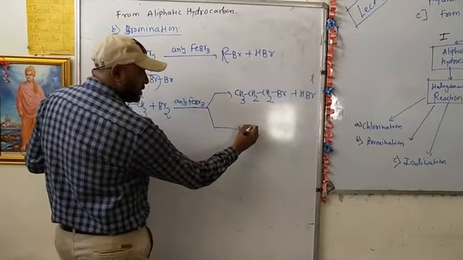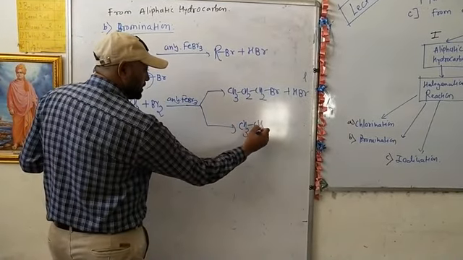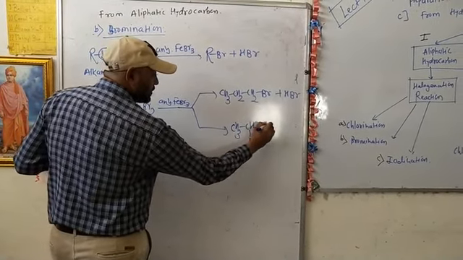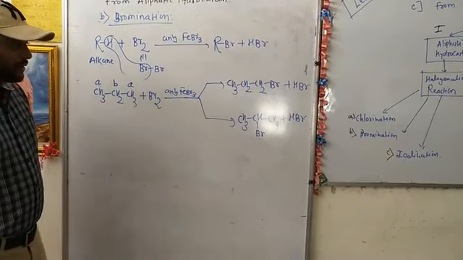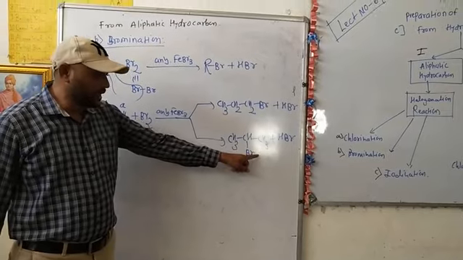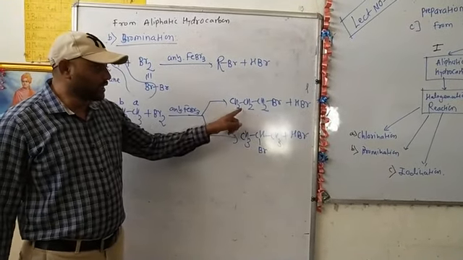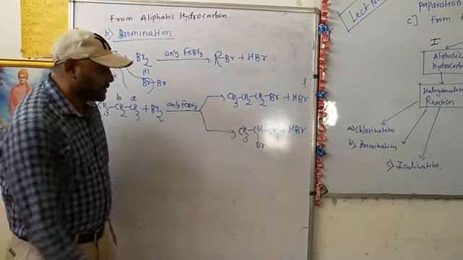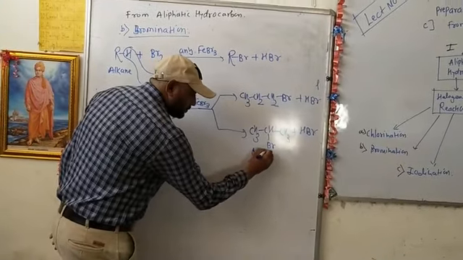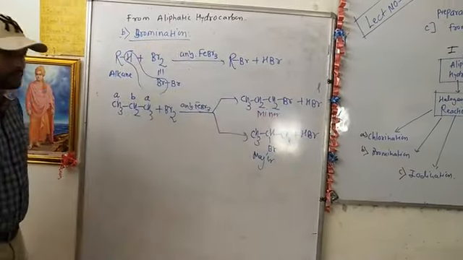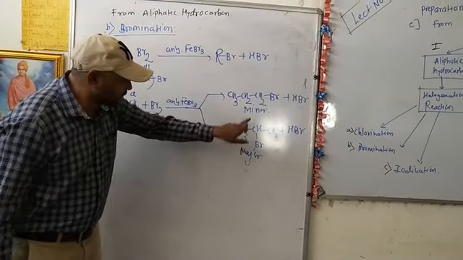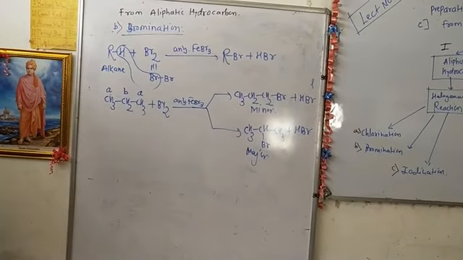That's why CH3CHBrCH3 plus HBr, forming isopropyl bromide or n-propyl bromide, two products. This is the major and this is minor.